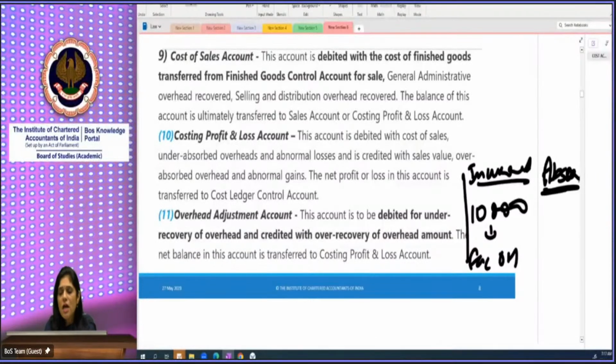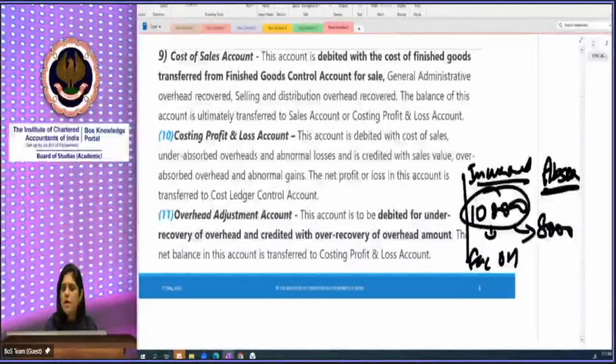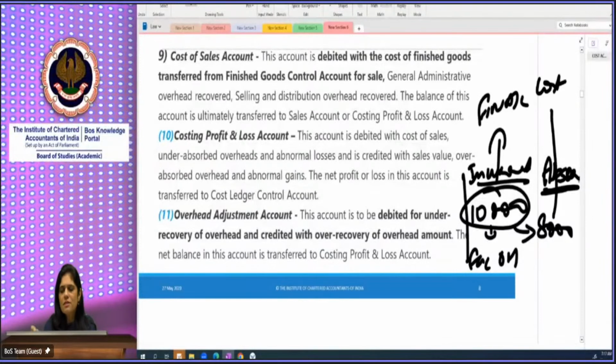Out of 10,000, let us say only 8,000 is absorbed into cost accounting. So 10,000 is used in financial accounting and 8,000 will be used in cost accounting.